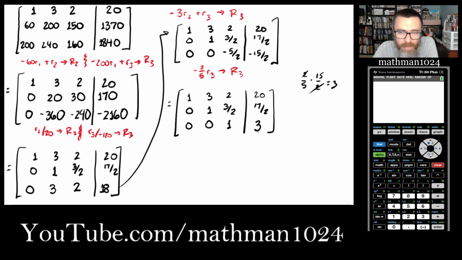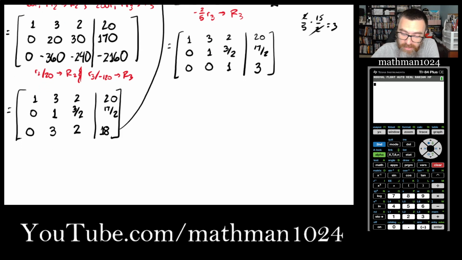Okay, so at this point, we can use back substitution to get everything else. Or we could keep on going with this and do the reduced row echelon form. So if I do negative 3 halves row 3 plus row 2 and replace row 2 with that, that's going to give me a 0 here.